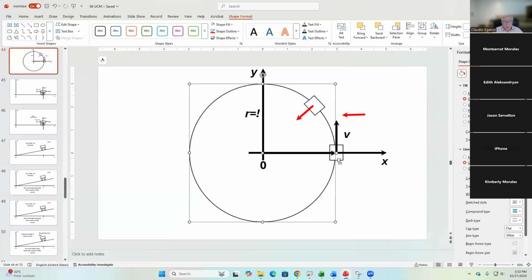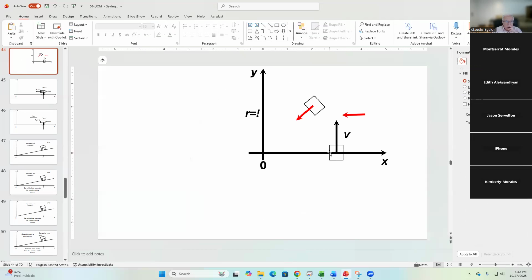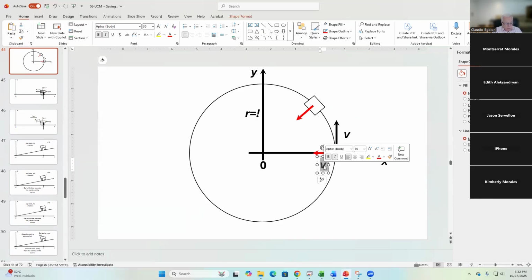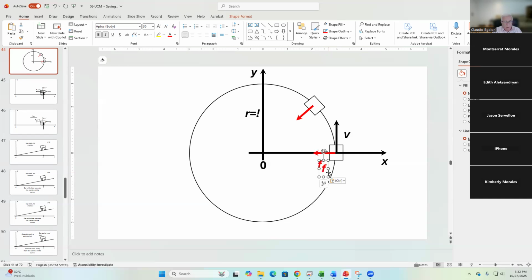The force of friction between the tires and the pavement. V is the velocity vector. Force of friction. That's the only one that can be helping the car.